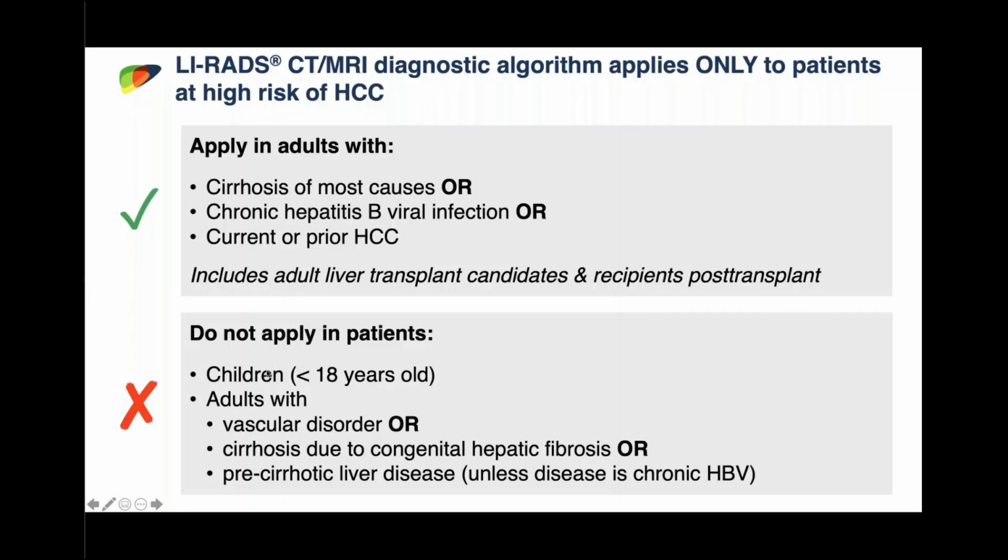LI-RADS does not apply to children, namely those that are less than 18 years old. And it doesn't apply to adults with vascular disorders of the liver, such as Budd-Chiari syndrome.